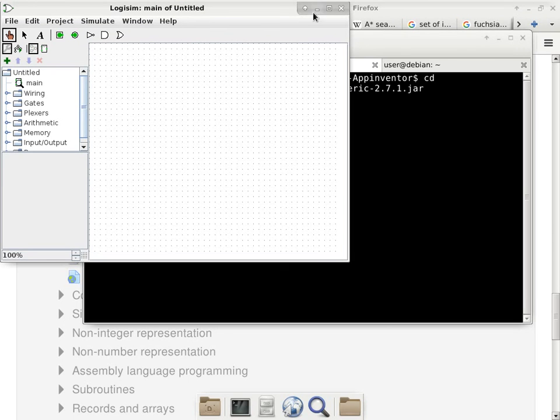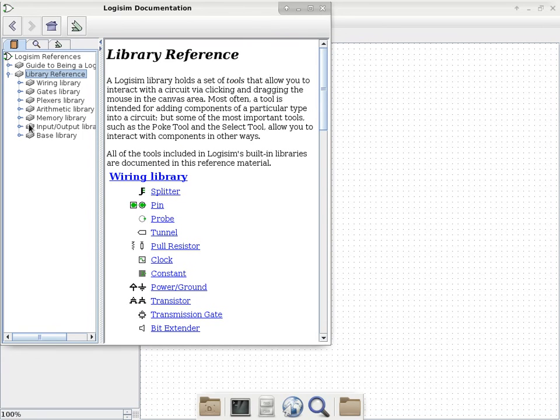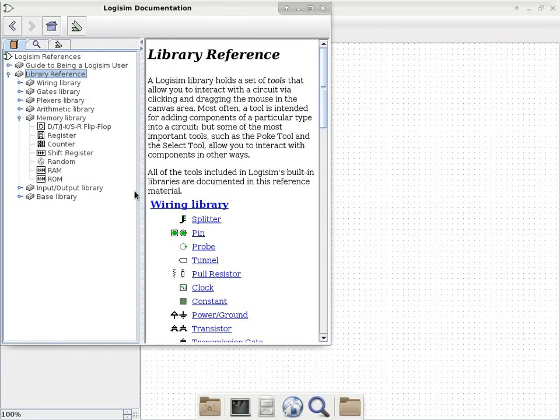All right, so Logic Sim is not really just a tool. If you go to Help, and go to, not Tutorial in this case, but Library Reference, you can look up the memory library, and it has all kinds of stuff that we haven't really talked about. But today, what I'm more interested in is just ROM.